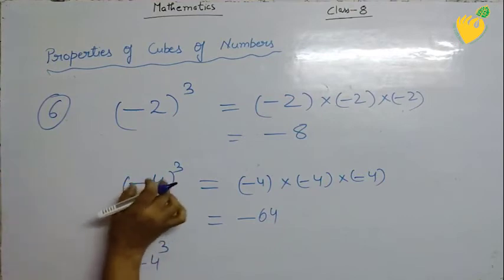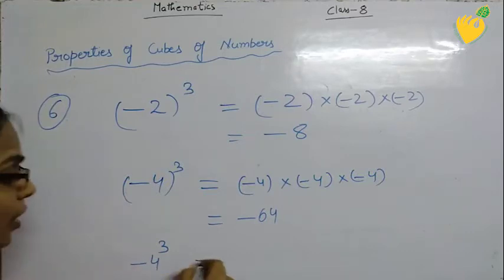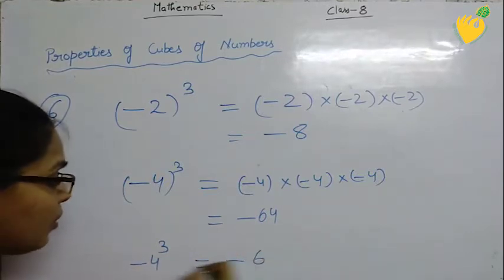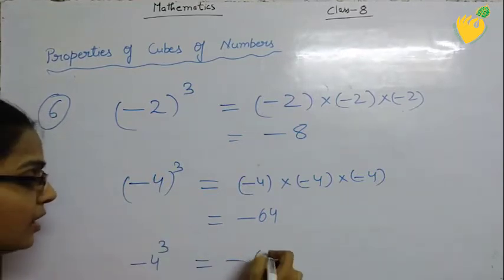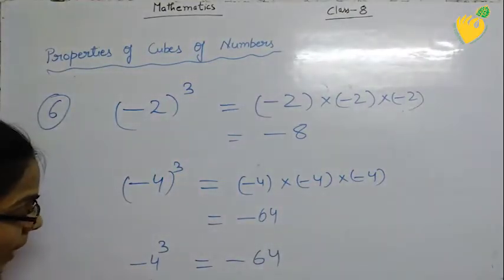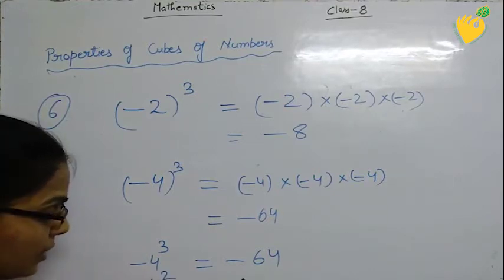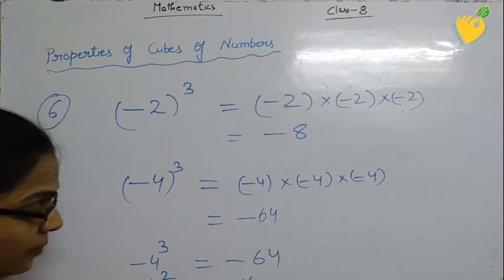So here the power is on minus 4, but here the power is only on 4. But the result will be the same because the minus sign will be written as it is. But if it is suppose minus 4 to the power 2, then it will be 16.